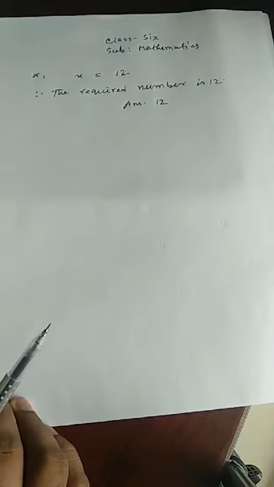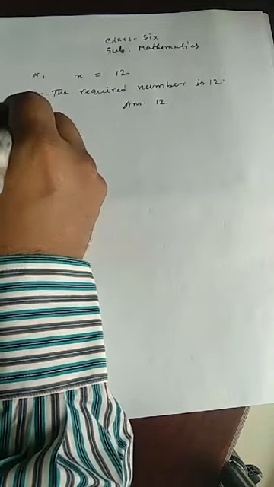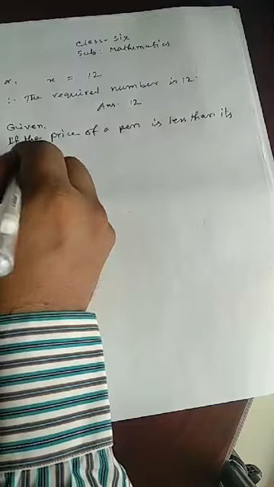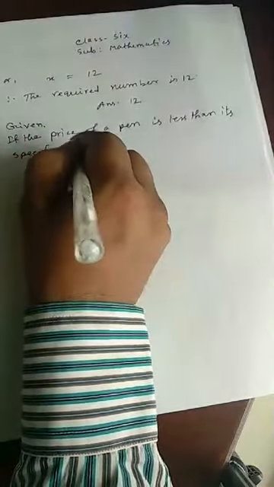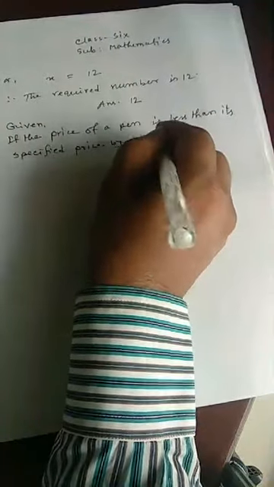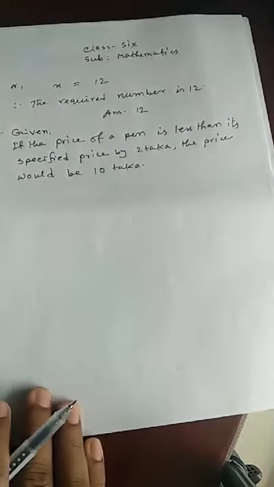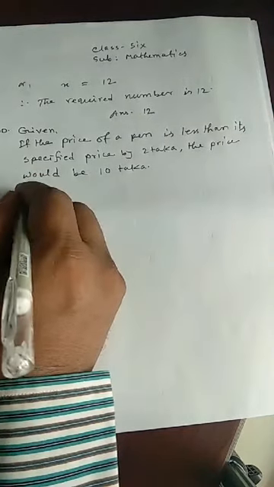So what is given at first, you have to write that. Third number, given: if the price of a pen is less by 2 taka, the price would be 10 taka. Let the price of the pen be taka x.